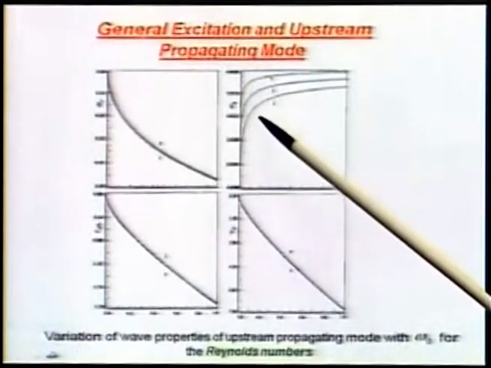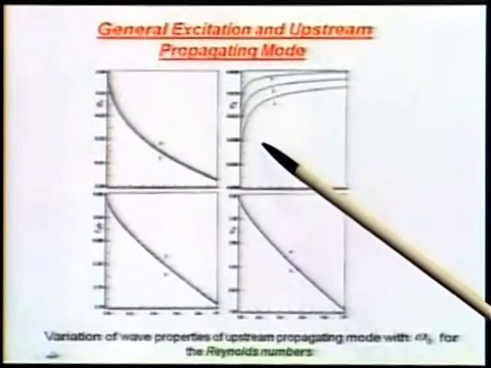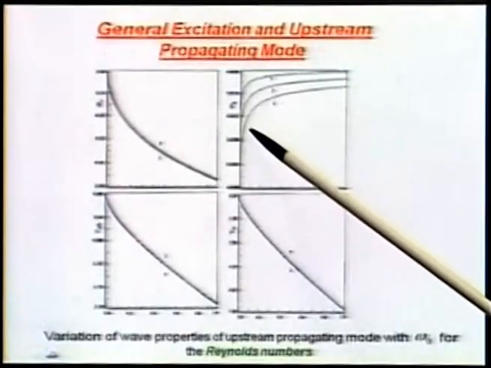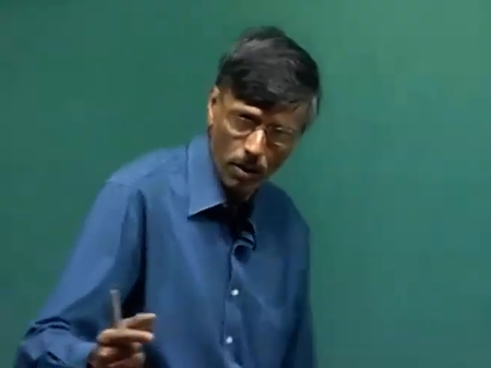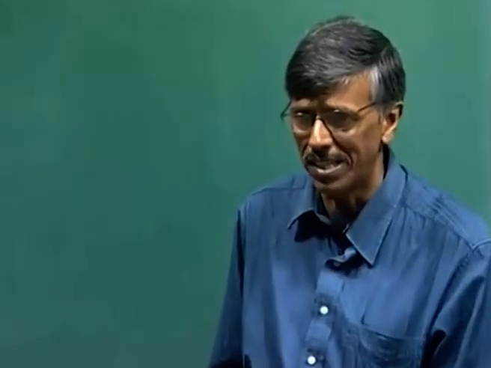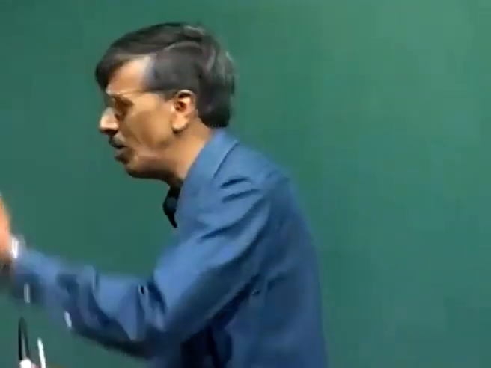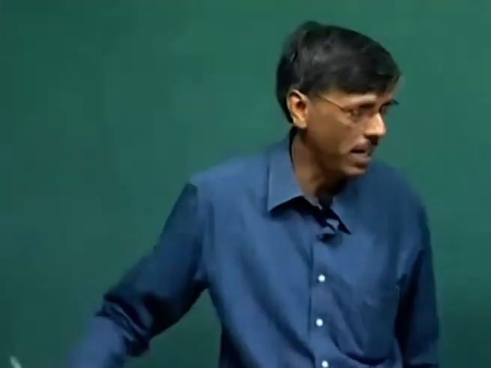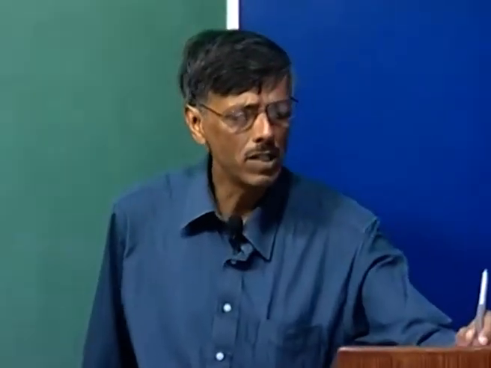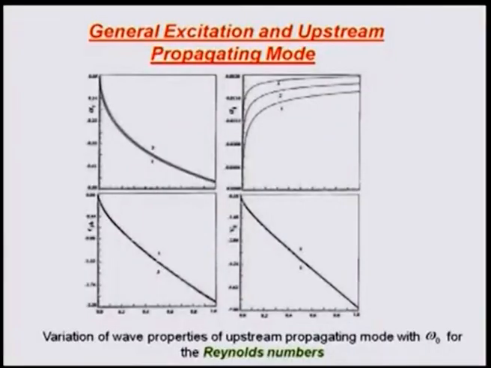They have a very low decay rate. You can see these have pretty much close to 0 value. So upstream propagating modes would be there if you are thinking of the flow in terms of a forced excitation. These convecting vortices would give rise to that kind of footprint, which is what we are seeing here.